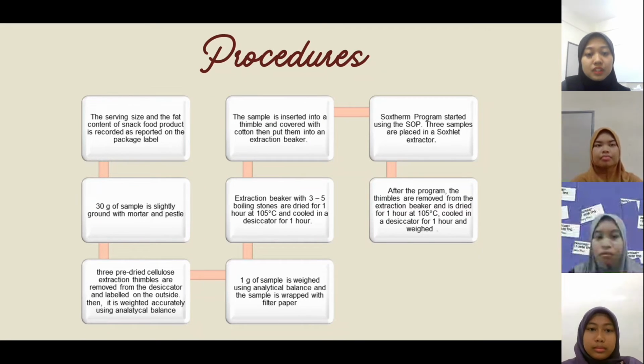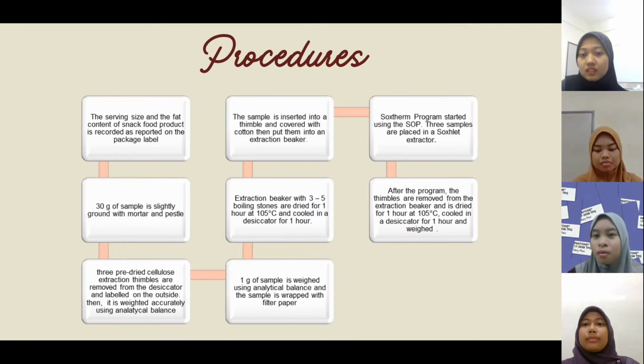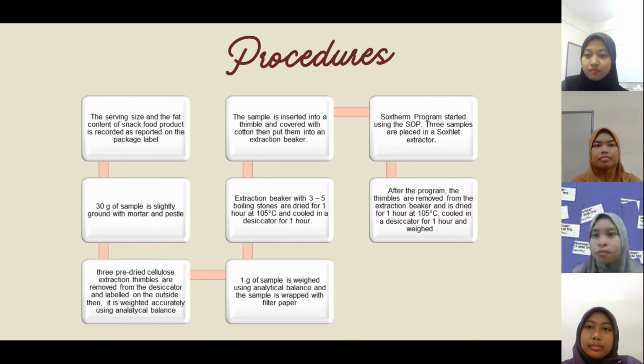Sixth, 1 gram of sample is weighed using an analytical balance, and then the sample is wrapped with filter paper. The seventh procedure, the Soxhlet program is started using the SOP. 3 samples are placed in a Soxhlet extractor, and last, after the program, the thimbles are removed from the extraction beaker and dried for 1 hour at 105 degrees Celsius. It is then cooled in a desiccator for 1 hour and weighed.